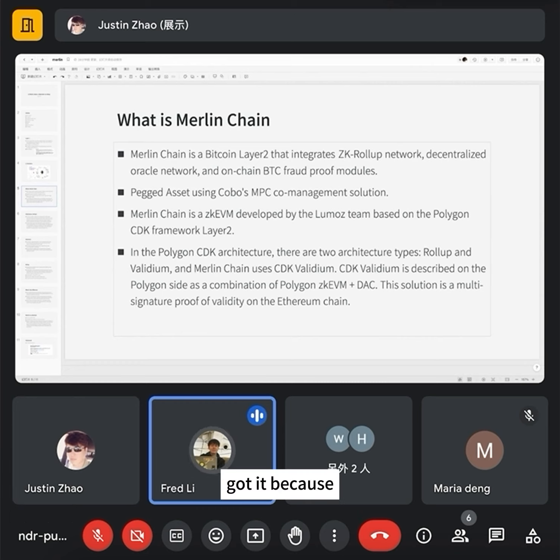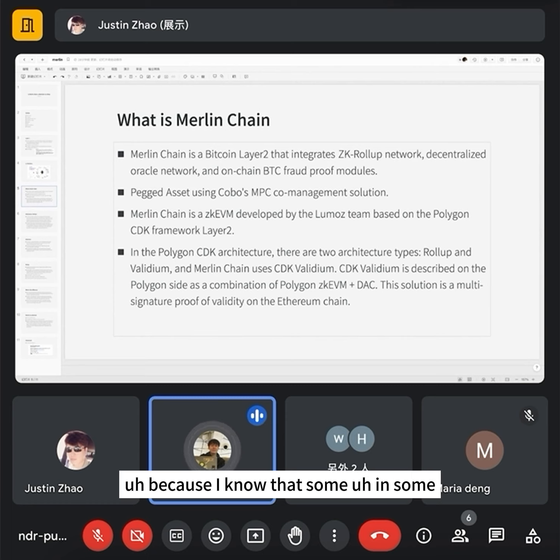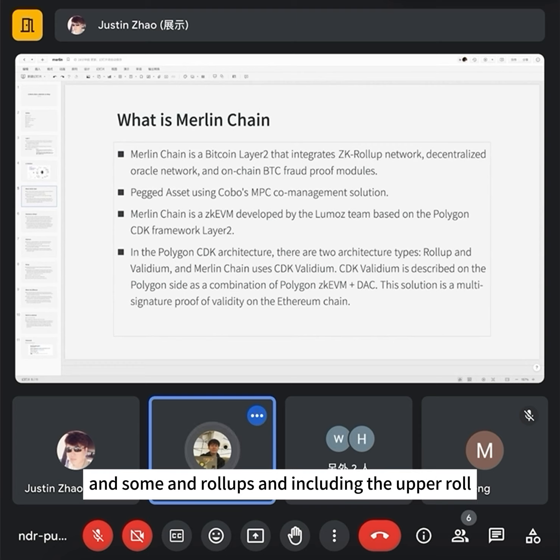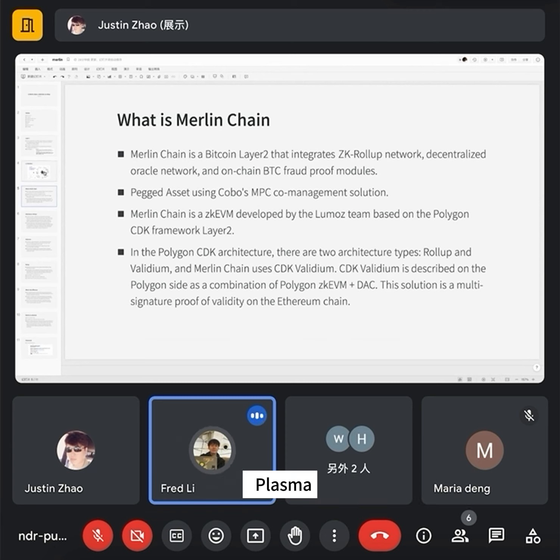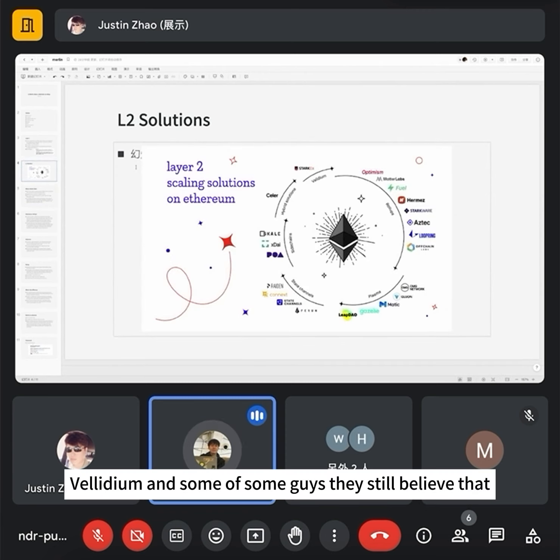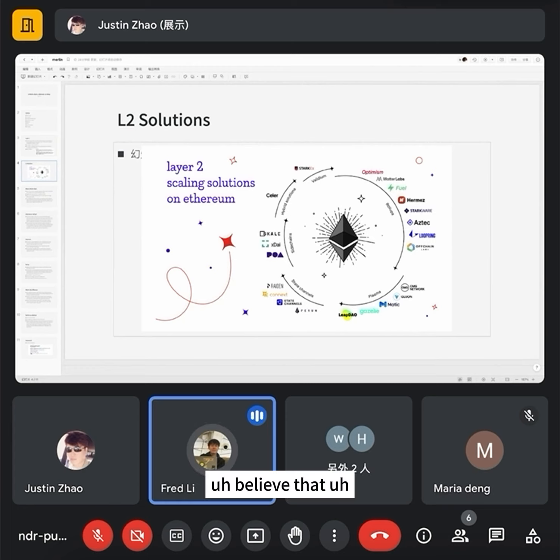Got it. Because I'm not sure, but I know that in some definitions they define layer two as different solutions. Some of them are state channels and some are rollups, including the OP rollups, ZK rollup, plasma, Validium, and some people still believe that sidechain also belongs to layer two.